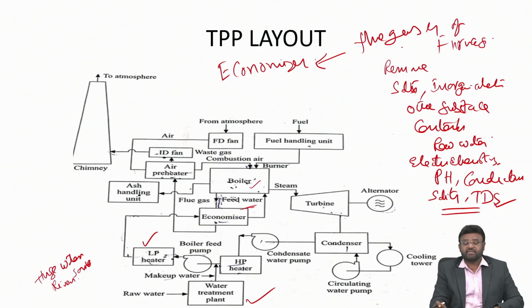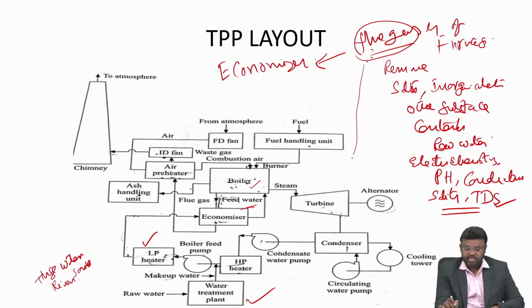So whatever the gases that we don't have interest or need to send via the chimney through the atmosphere, these gases are also having certain temperature. So without wasting the temperature or the energy of these flue gases, we are diverting towards an economizer.